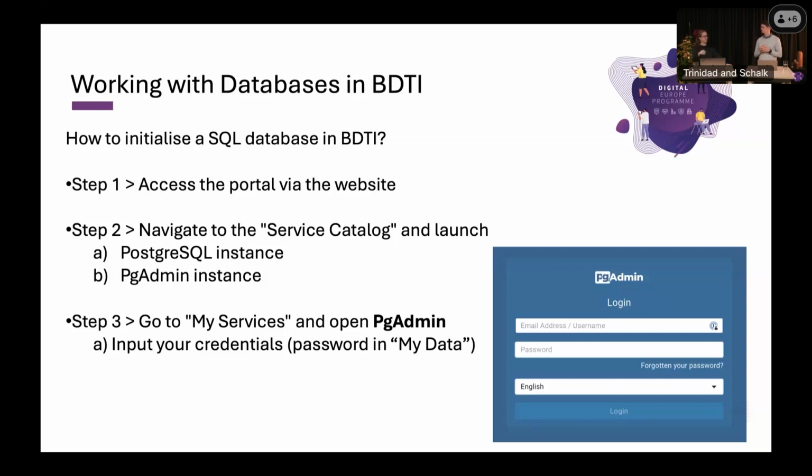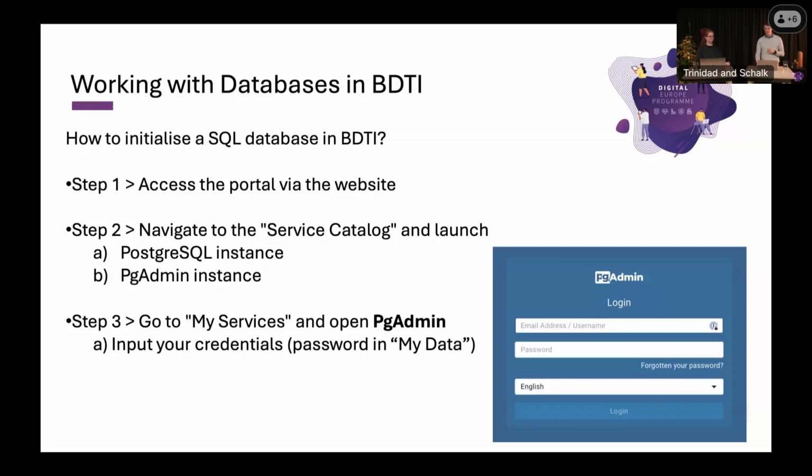And then we launch our two tools here. We launch the Postgres instance and then pgAdmin, and then we connect these two. So we connect the database with the user interface, and we put the credentials that are stored in My Data. So basically the three steps are the same we did with the other tools.